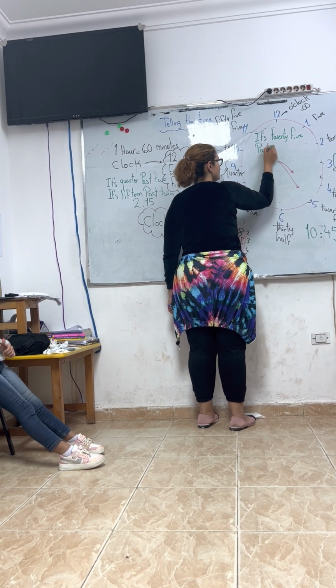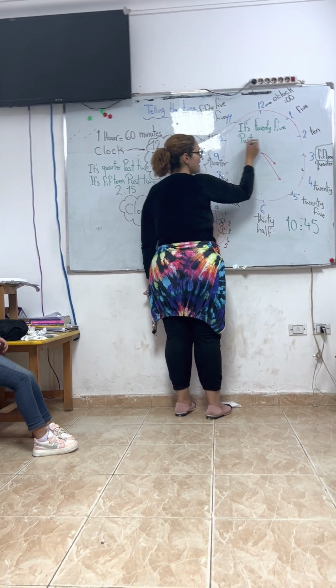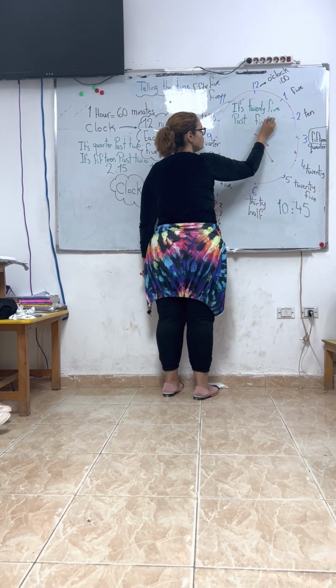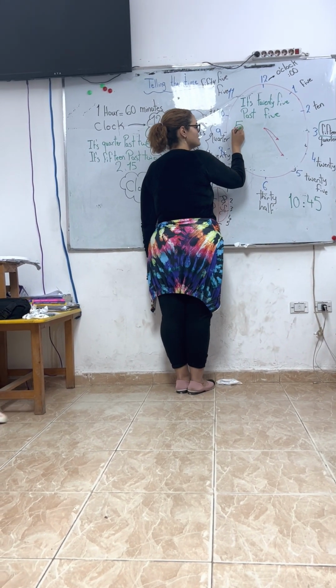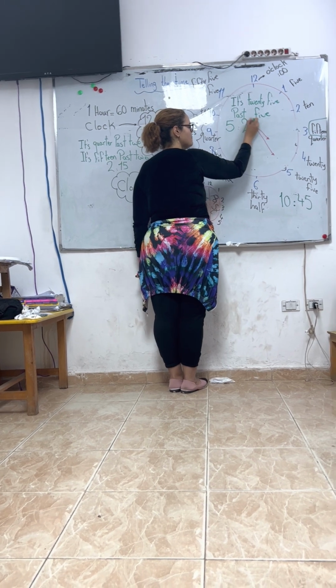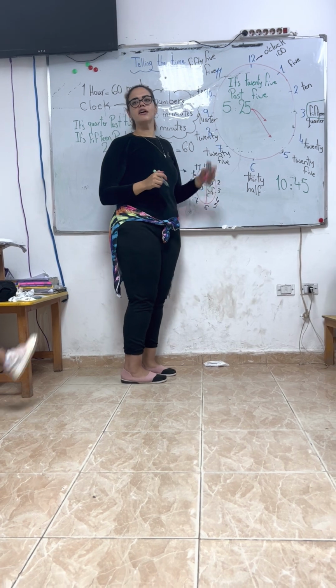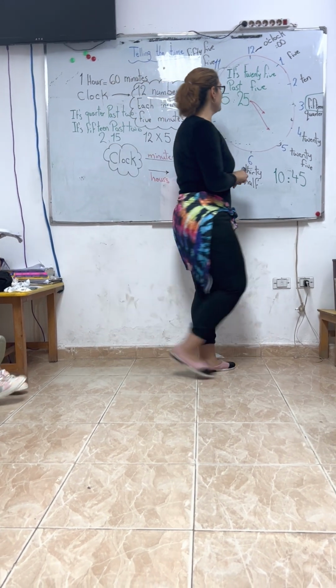Past what? Look at the smallest. Past 5. Or like this: it's 5 and 25, so we can say it's 5:25.